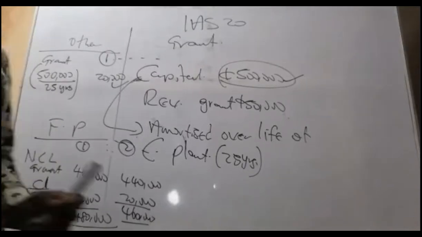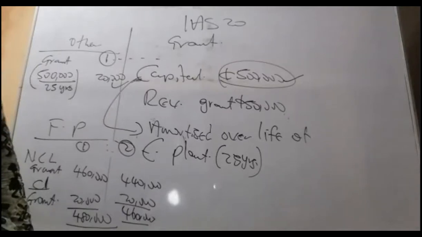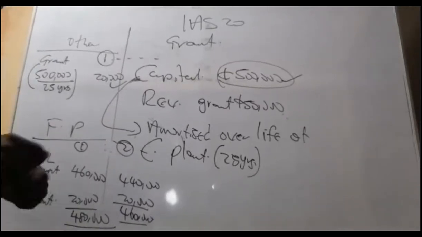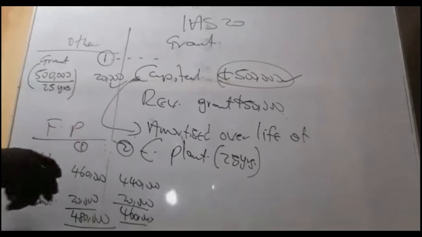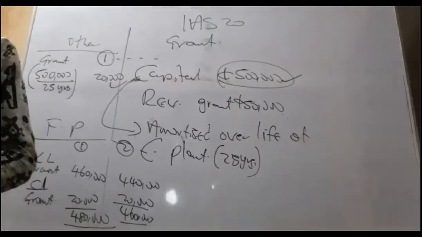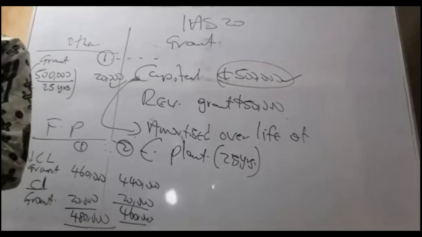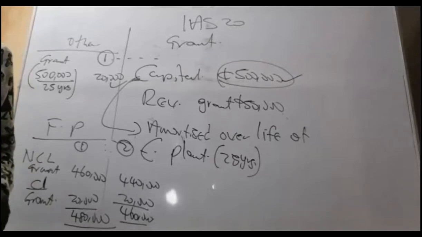Because there are two methods, and one will be very good for this particular question. For grants related to income, there are two methods. What are they? We have the deductive and the income credit approach. So you have to use the income credit. Why?